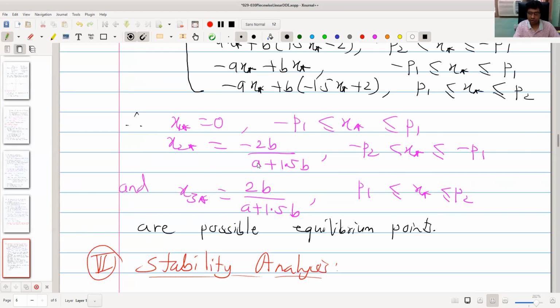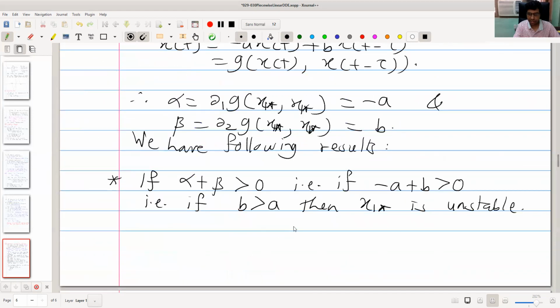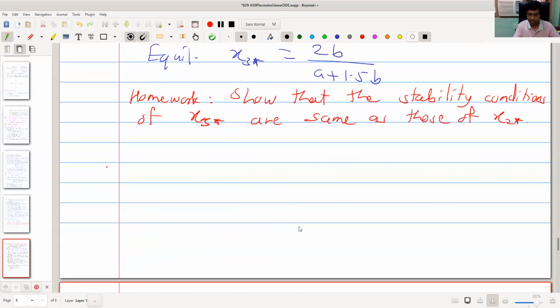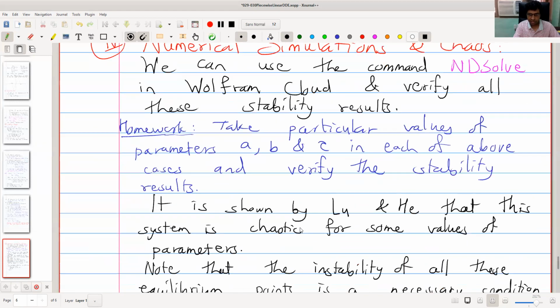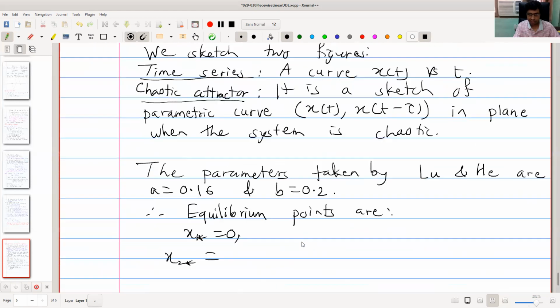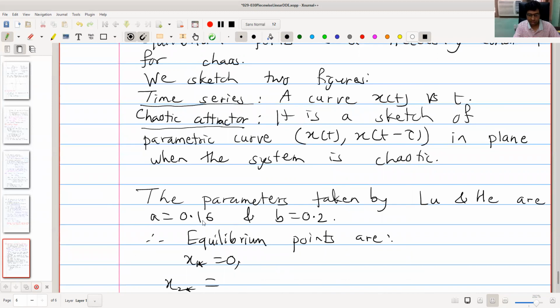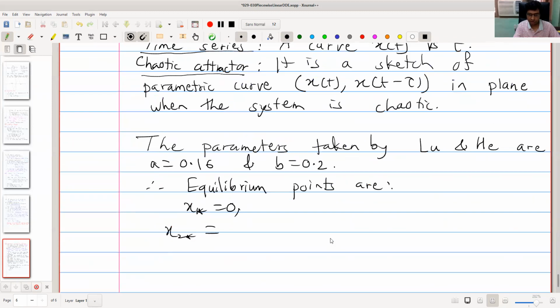If we substitute particular values of A and B, if A is 0.16 and B is 0.2, then this x2 star is minus 0.87. It is minus 2b divided by A plus 1.5b.